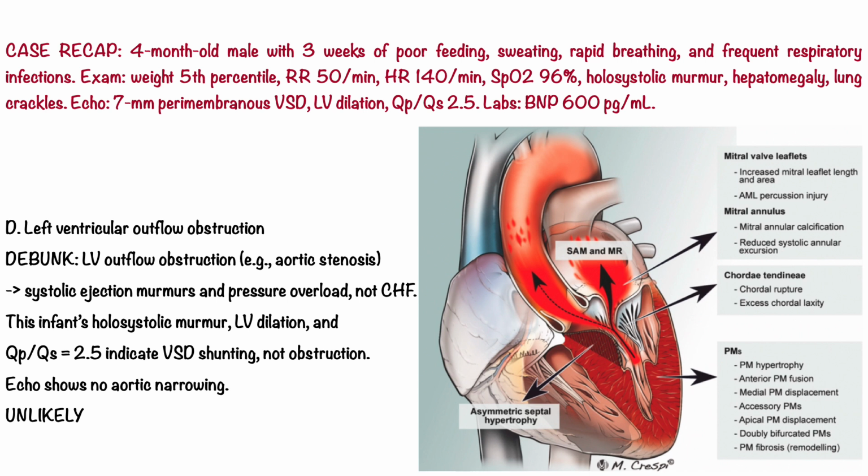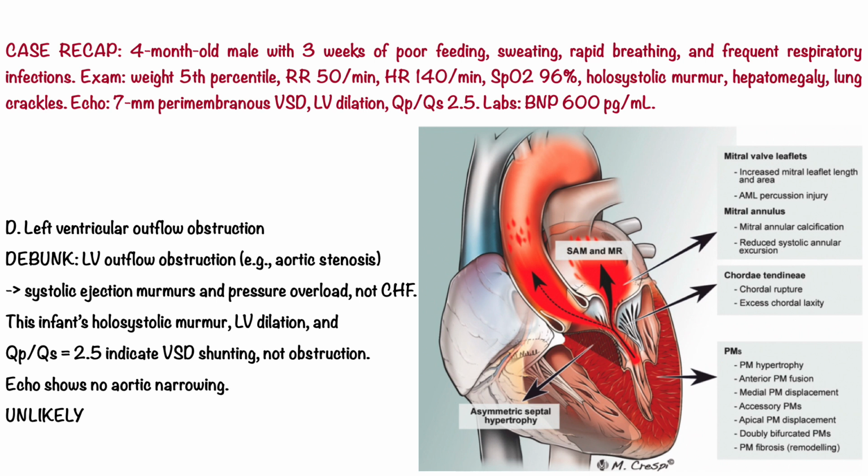That is, the fibers are added in series, not in parallel as in hypertension, right? So in hypertension there is concentric hypertrophy, but in this case there is eccentric dilatation of the left ventricle, and the QP by QS ratio is 2.5, which indicates VSD shunting and does not indicate that there is obstruction. The echo shows no aortic narrowing, so this is very highly unlikely.